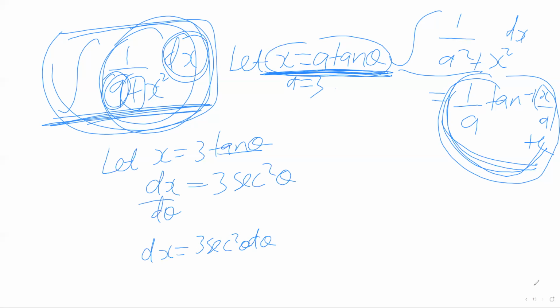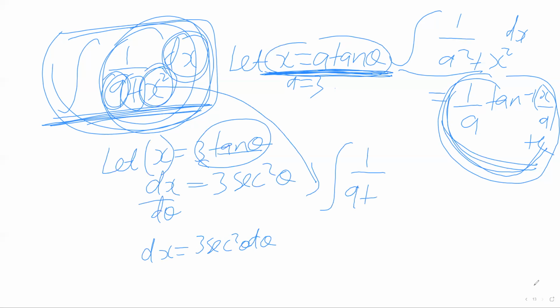And then I go and substitute the function now. 1 over 9 plus, what is x? x is 3 tan theta, and this is squared. So when you square, what do you get here? 3 squared is 9, and tan theta squared.